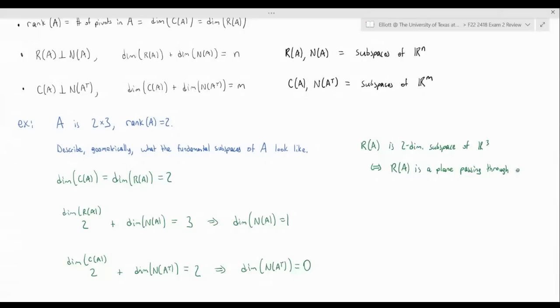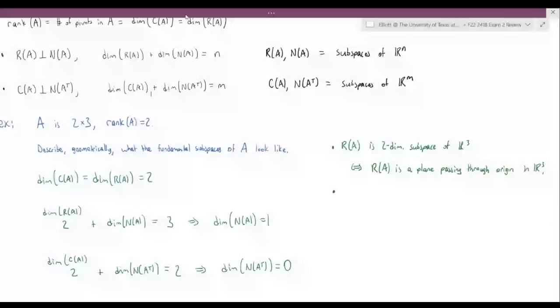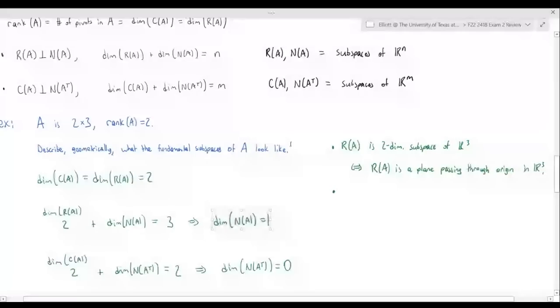The null space we know is one-dimensional, so it's going to be a one-dimensional subspace of R3. And we also know that it's going to be orthogonal to the row space as well. That means that it's a line in R3, a line because it is one-dimensional, okay?